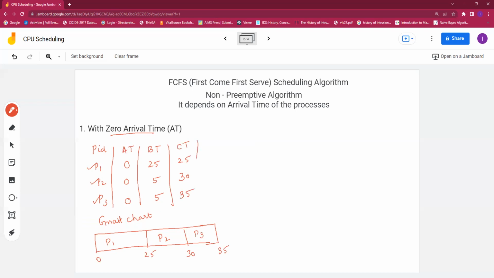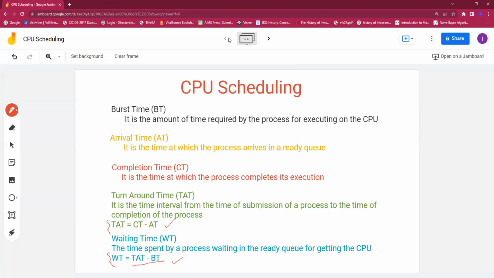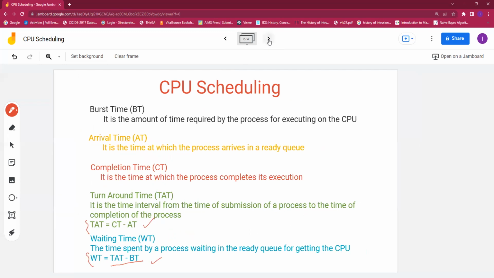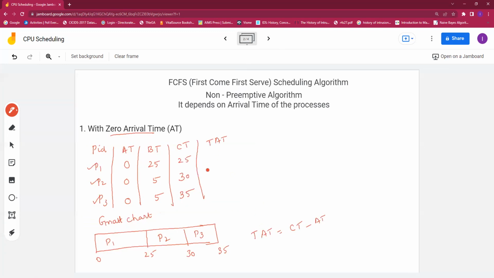The next one we need to find out is the turnaround time. You know the formula, TAT is equal to CT minus AT, the completion time minus the arrival time, as we saw before. Here, all the processes arrive at the same time, 0.